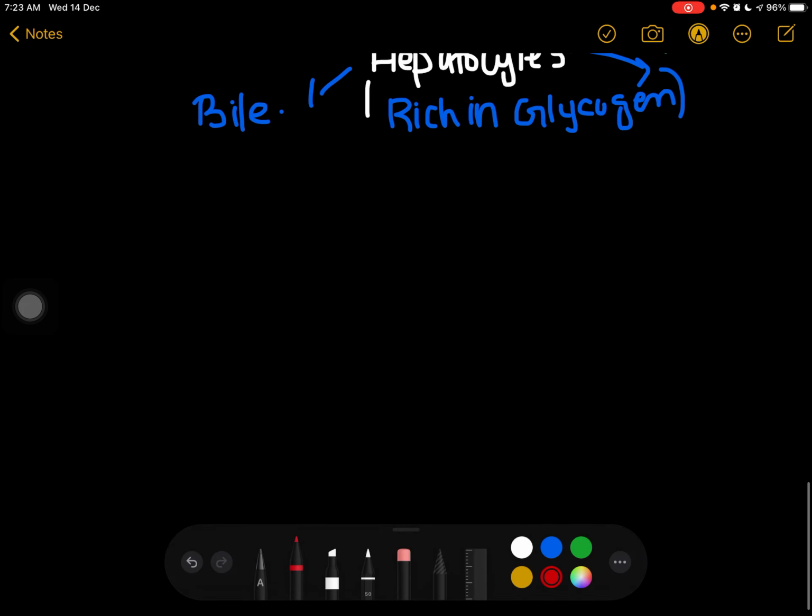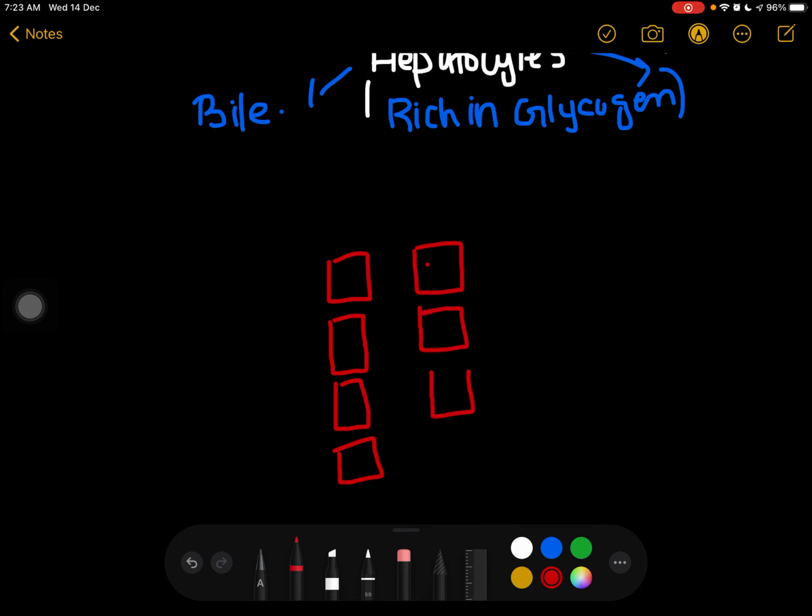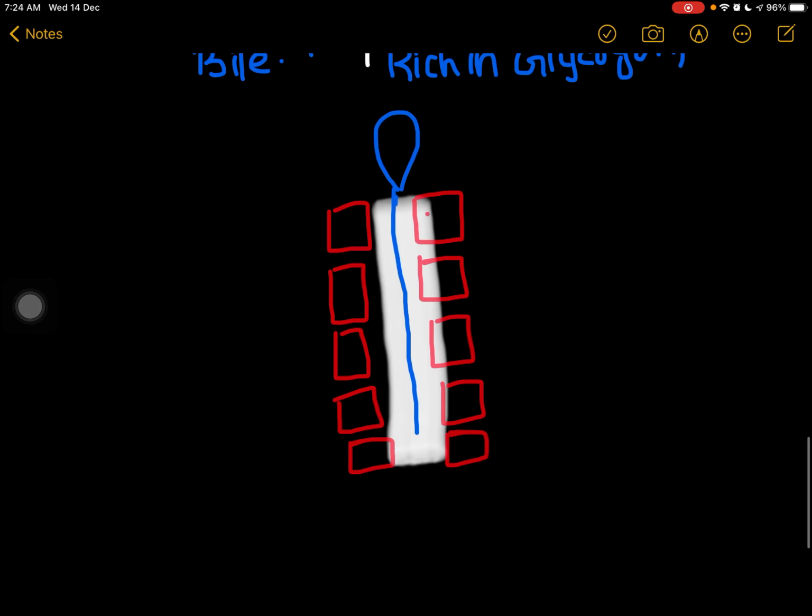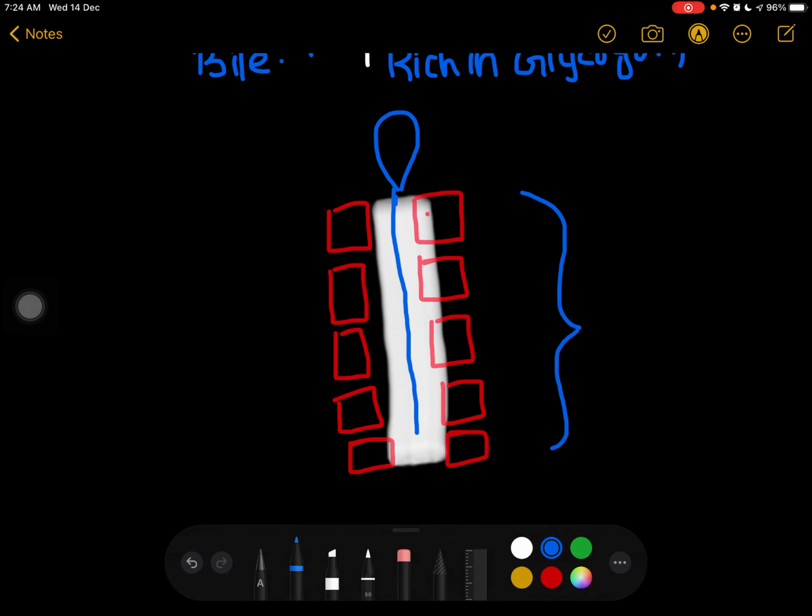Now let's look deeper into the hepatic cord. Let me make a diagram of the hepatic cord.